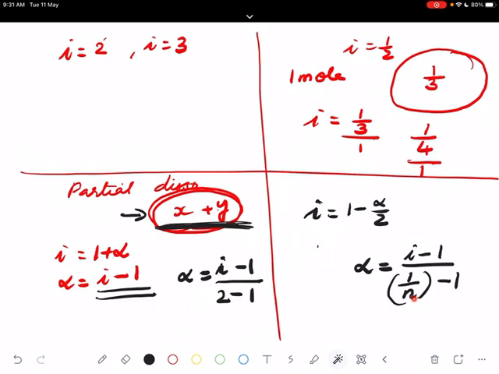Alpha is equal to I minus 1 divided by 1 by 2 minus 1. So when you solve this, you will reach I is equal to 1 minus alpha by 2.